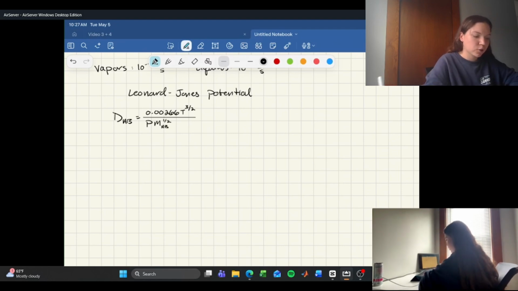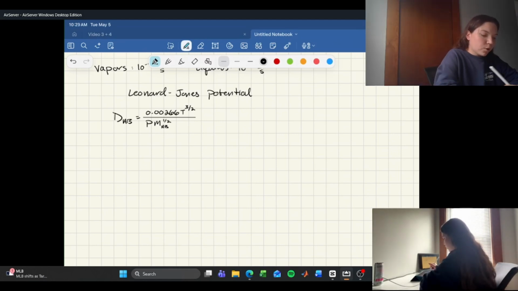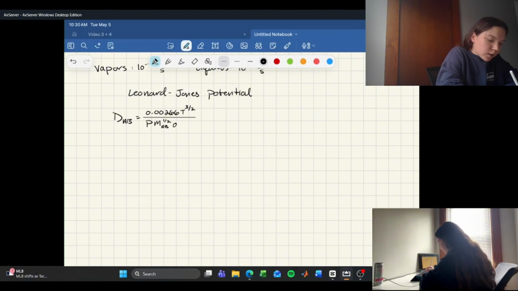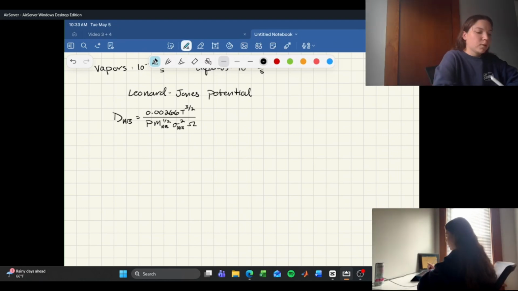So that's basically the average molar mass. And this is going to be multiplied by the collision diameter of A and B squared times the diffusion collision integral, which is sigma.